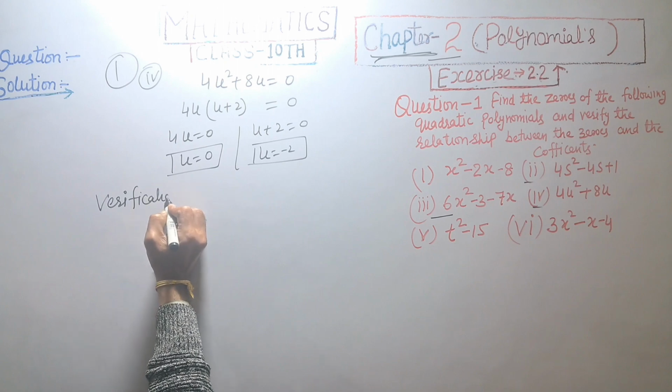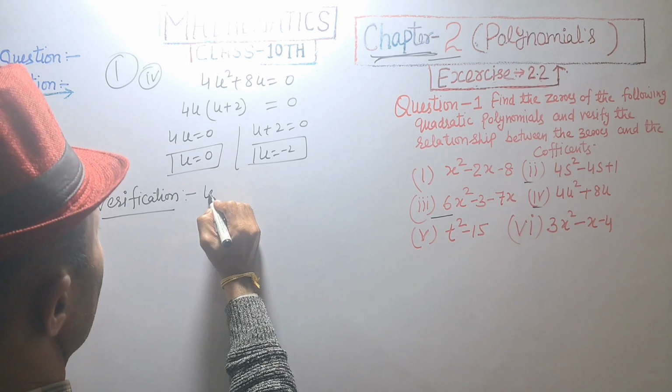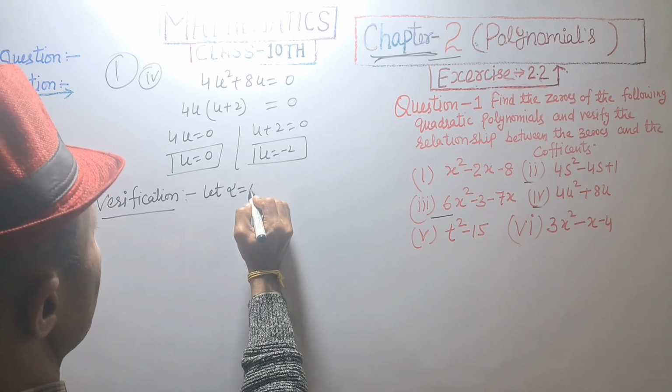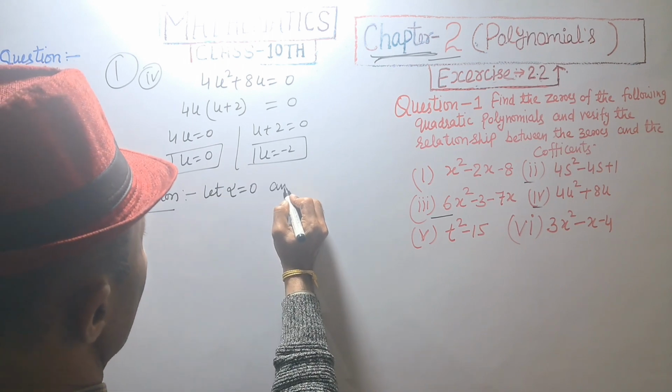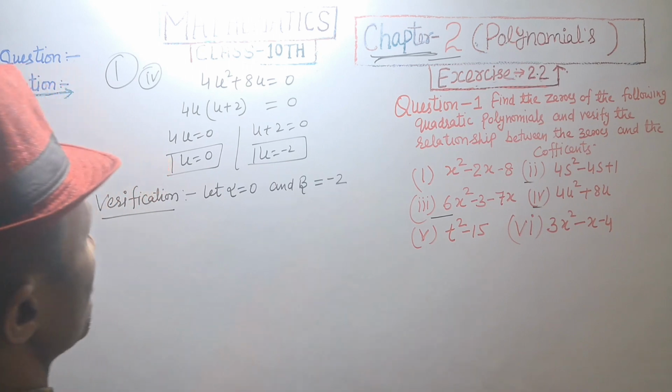Verification. Let alpha is equal to 0 and beta is equal to -2.